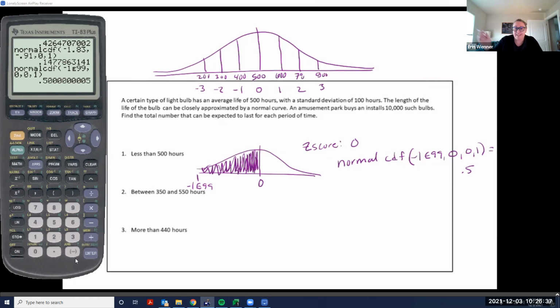And again, we know that it's half the curve. So then we're going to take 0.5 and multiply it by the number of bulbs we have, because 50% of the distribution, that's what the area of the curve represents. It's the amount of the distribution. 50% of that is going to last less than 500 hours, which gives us 5,000 bulbs.